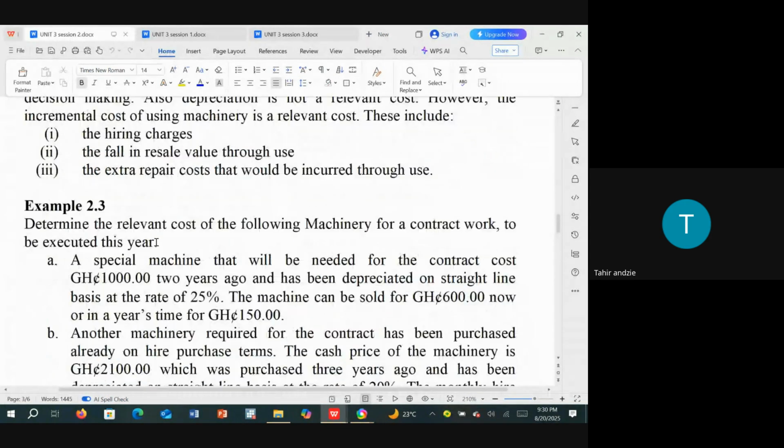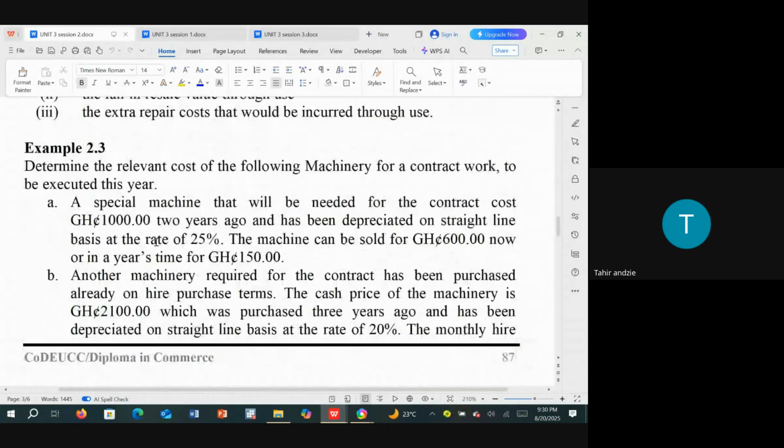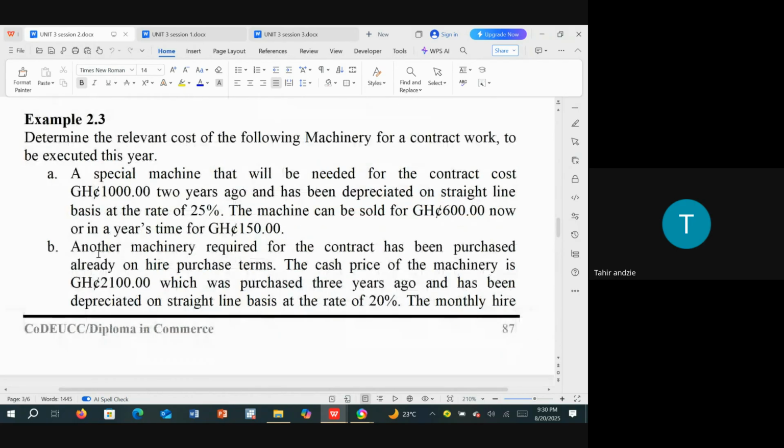So let's look at example 3.2, and this says: determine the relevant cost of the following machinery for a contract work to be executed this year. We have a special machine that will be needed for the contract.